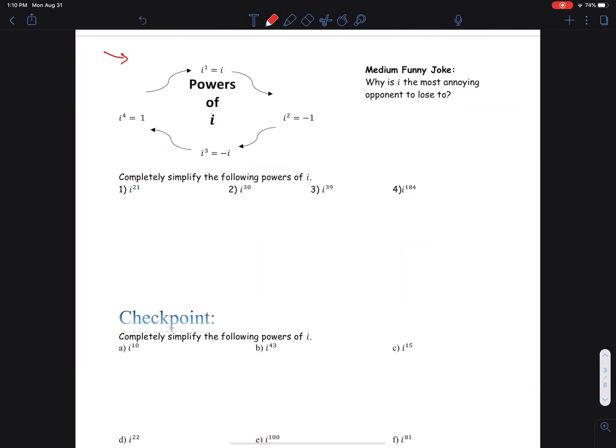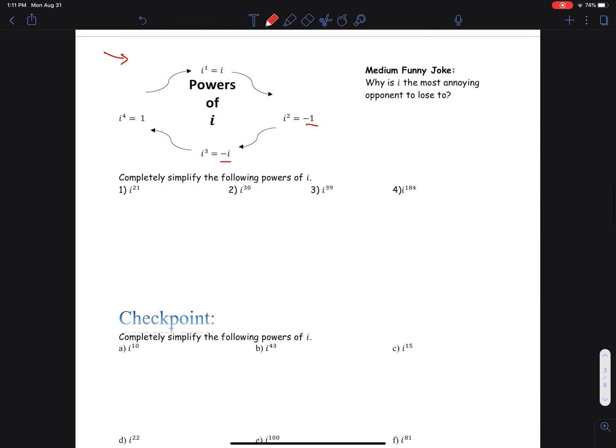Here is a little easy way of remembering the powers of i. When you divide the power by 4 and the remainder is 1, it's equal to i. I squared is equal to -1. Then i to the 3rd is equal to -i.